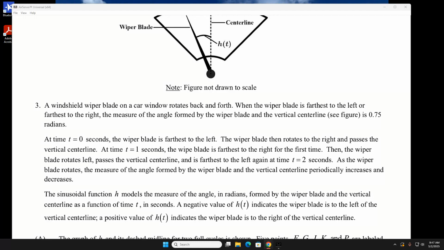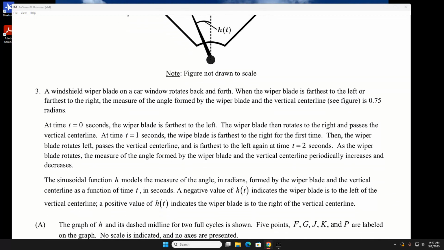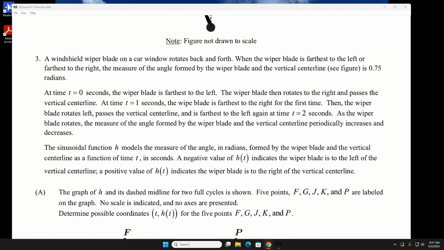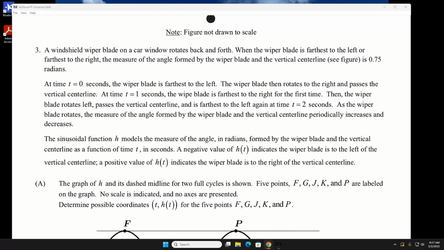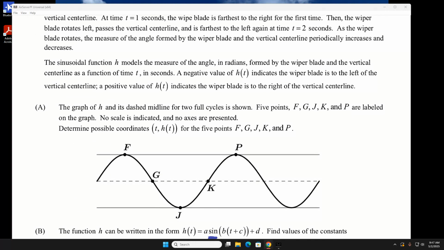Then the wiper blade rotates left, passes this vertical center line, and is farthest to the left again at 2 seconds. As the wiper blade rotates, the measure of the angle formed by the wiper blade and the vertical center line periodically increases and decreases. The sinusoidal function h models the measure of the angle in radians formed by the wiper blade and the vertical center line as a function of time t in seconds.